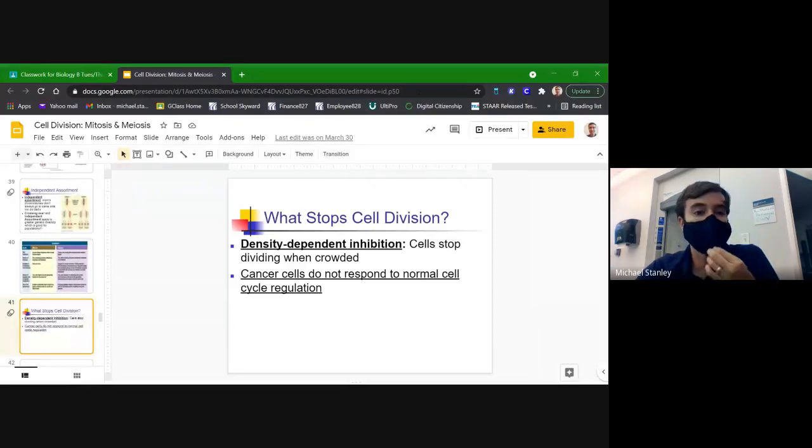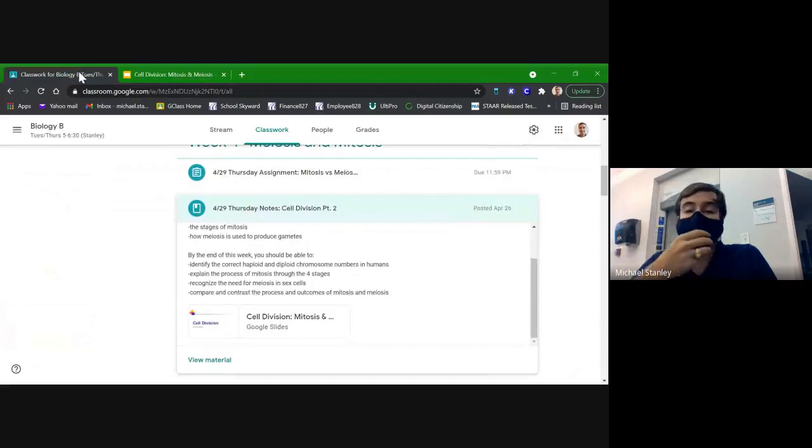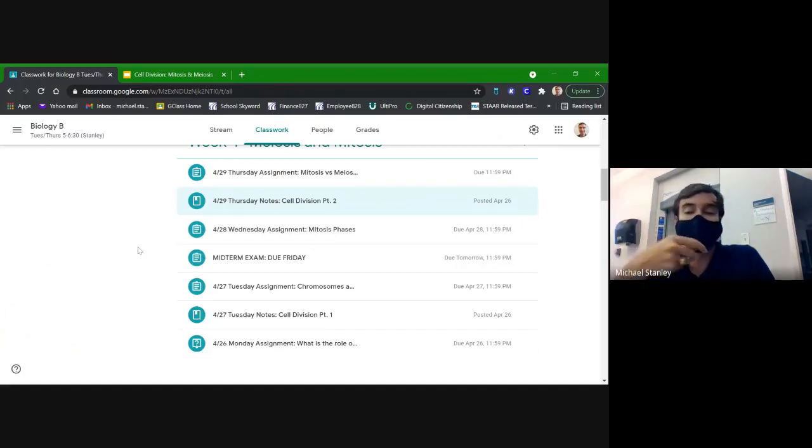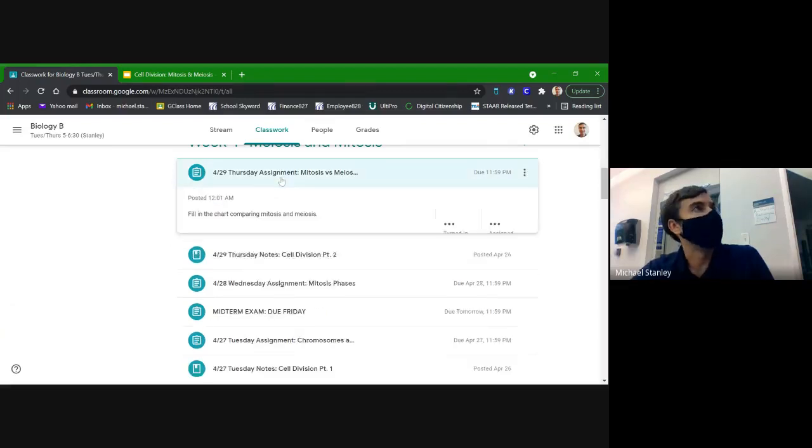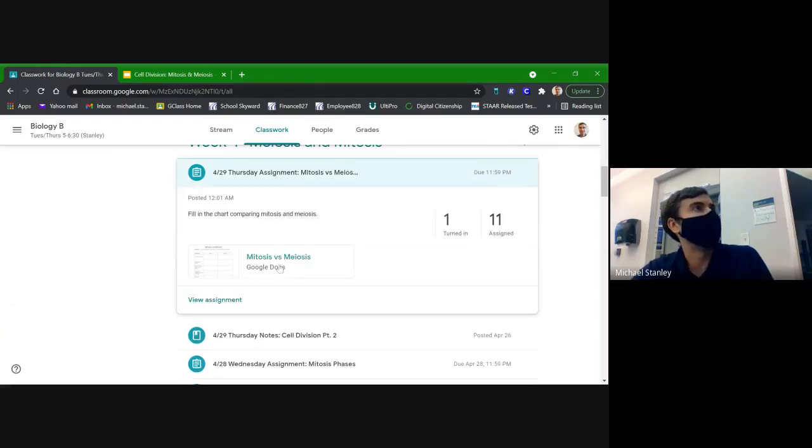So like I was mentioning earlier, your homework for today has to do with that mitosis versus meiosis kind of stuff. Unfortunately, it's one of those homeworks where I couldn't figure out a really good or really efficient way to set it up in Google Forms. So you're just going to have to fill out a simple little Google Doc table.